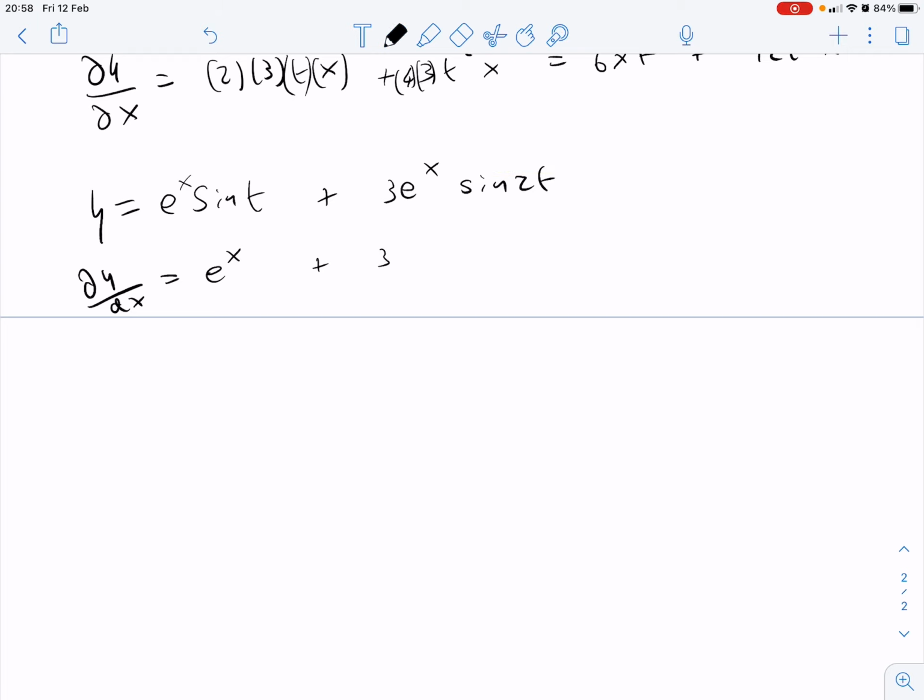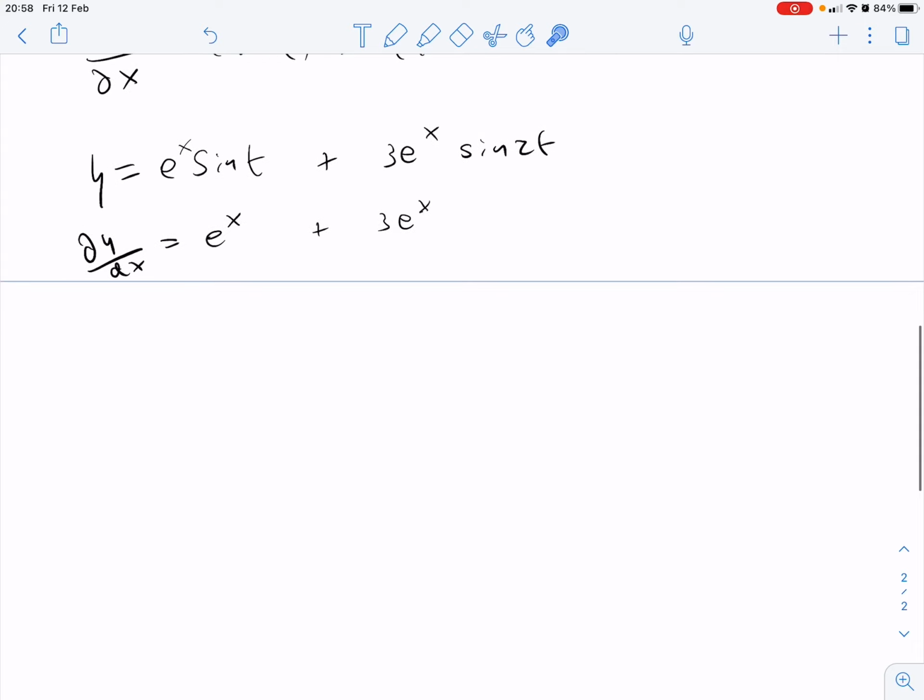That's going to be 3e to the x, because when we differentiate that, there's only 1 in front of the x, so we just get the exponential back. In this tutorial, I'm assuming you're comfortable with that stuff.